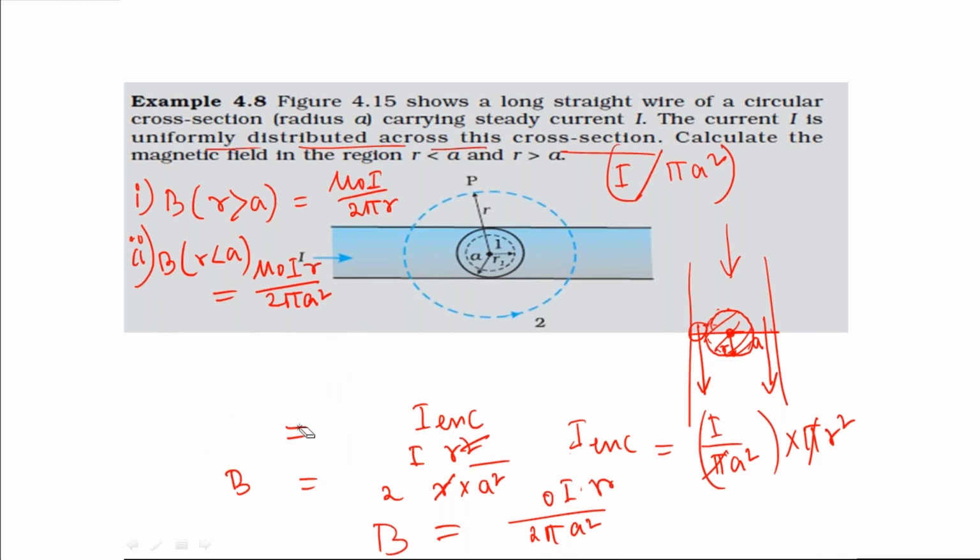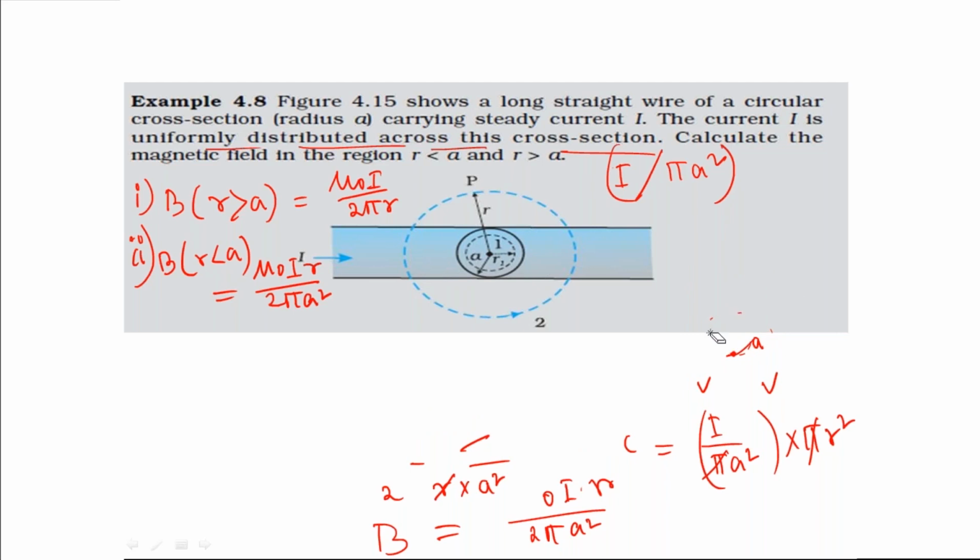So look, in case of an exterior point, the magnetic field due to this infinite wire varies inversely with the distance from the wire.